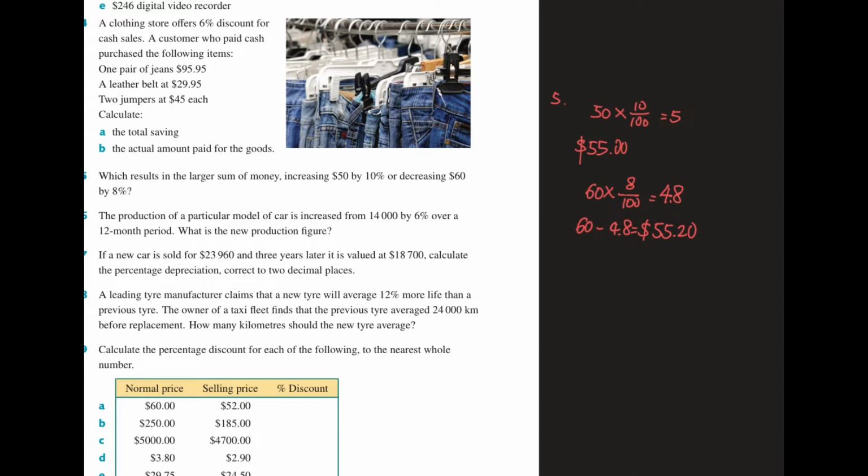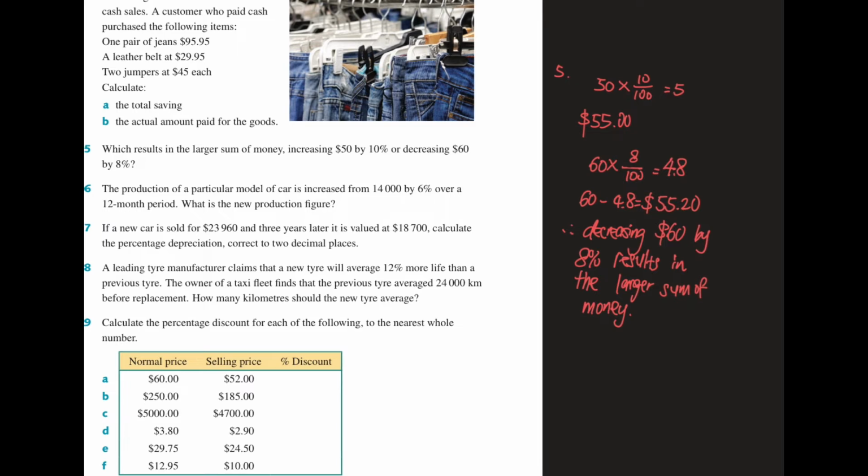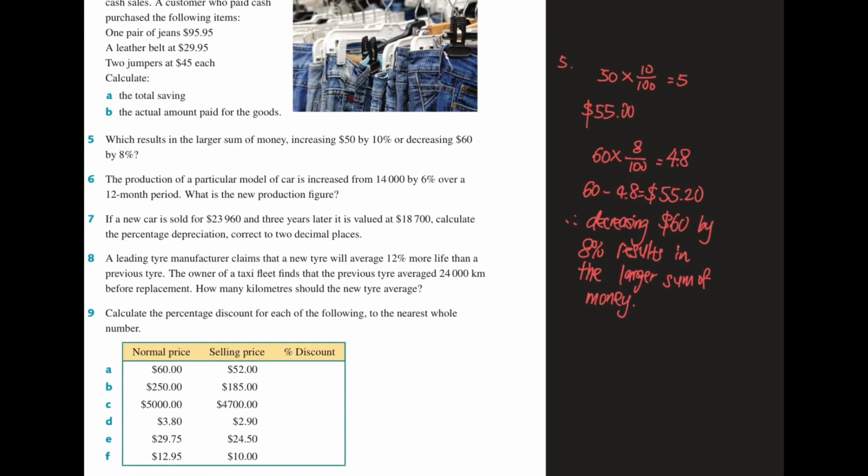So the answer is decreasing $60 by 8% results in the larger sum of money. Okay, that is question 5.